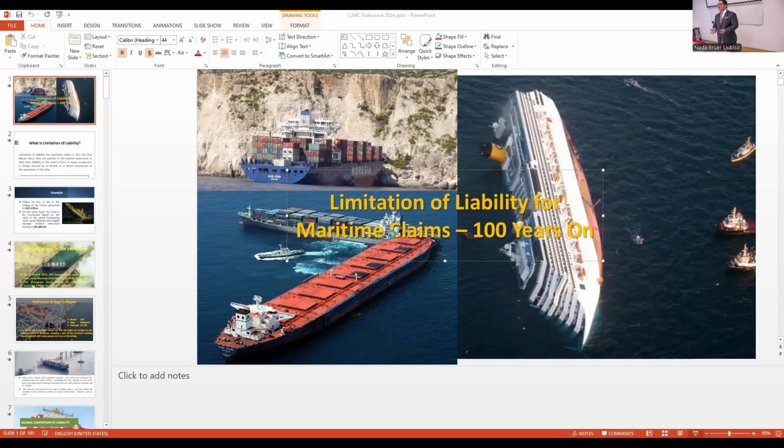So limitation of liability will tell us basically how much of these claims are going to be paid. As I said, it is the ability of the ship owner to limit his financial exposure, regardless of how many claims may be brought against him. And when we deal with the limits of liability, we'll see what actually happened in this case.